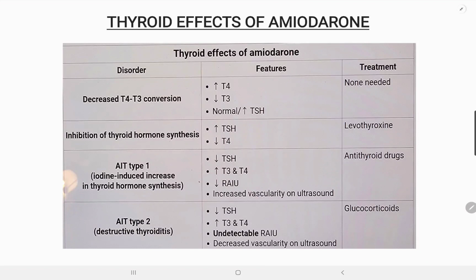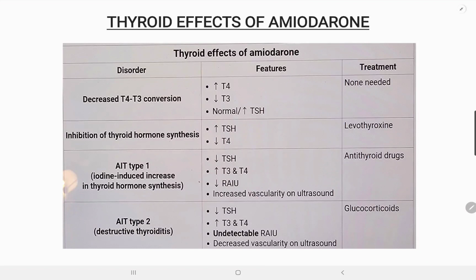It could be type 1 or type 2, due to either increased thyroid hormone synthesis or destructive thyroiditis. AIT type 1 is usually because of increased thyroid hormone synthesis, and AIT type 2 is because of destructive thyroiditis. In both these subtypes, TSH will be low.